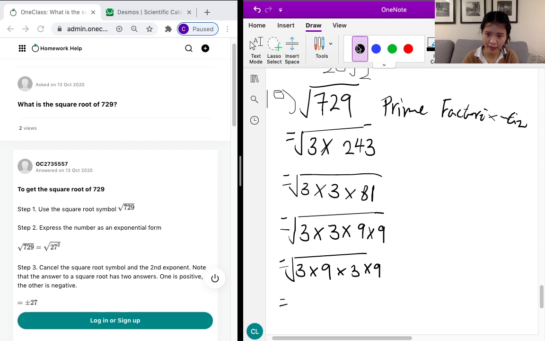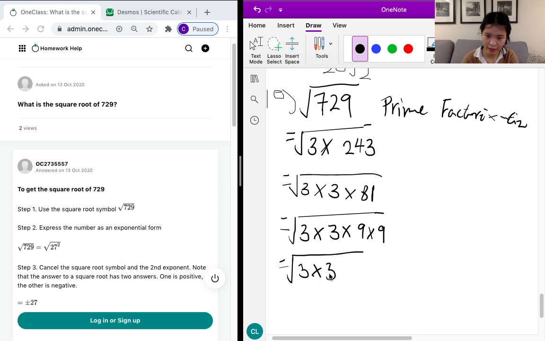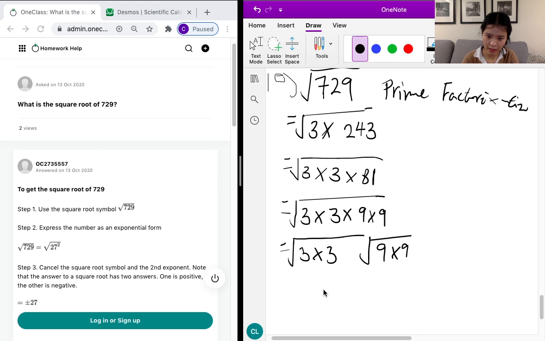Or actually, let's do this instead. So we group the 3's together, and we group the 9's together, and we have, oh, my keyboard stopped working.